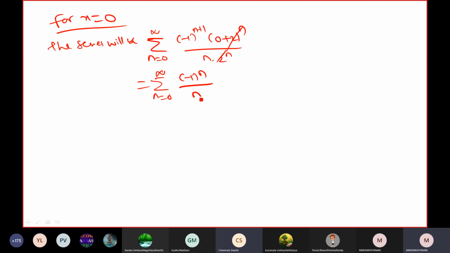Okay? So is it convergent or divergent? Convergent by using Leibniz rule, yeah, by the Leibniz test. Here an equal to, so an is monotonically decreasing.